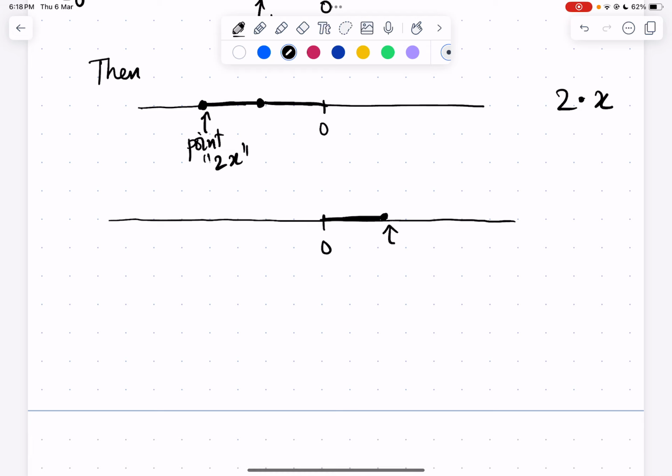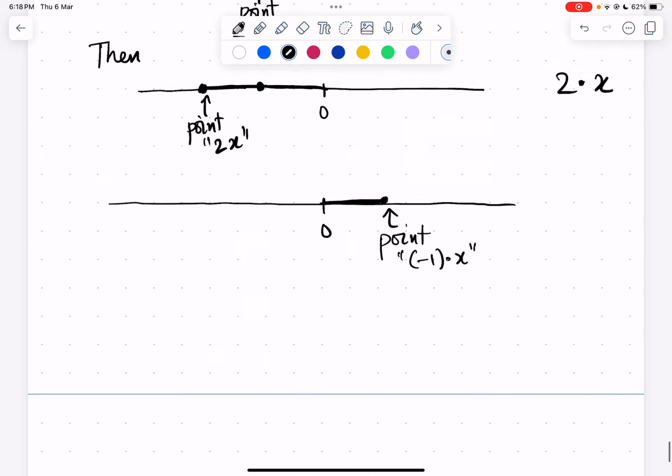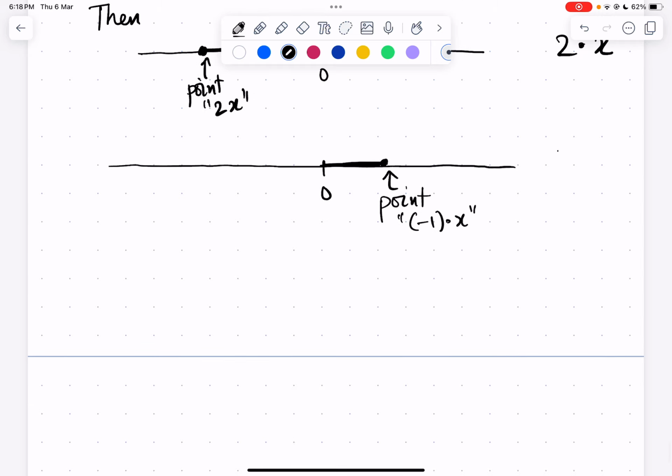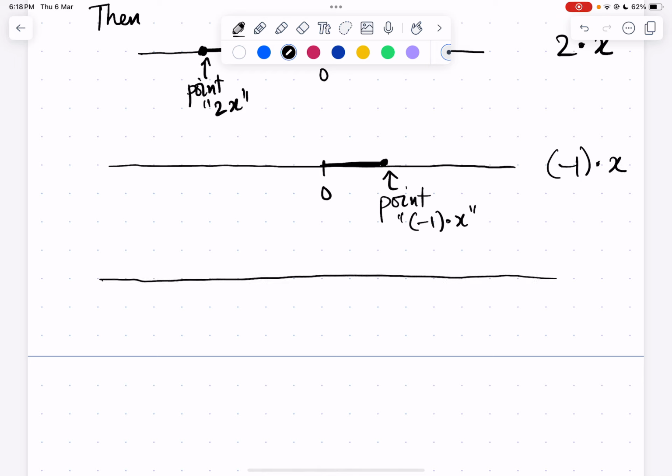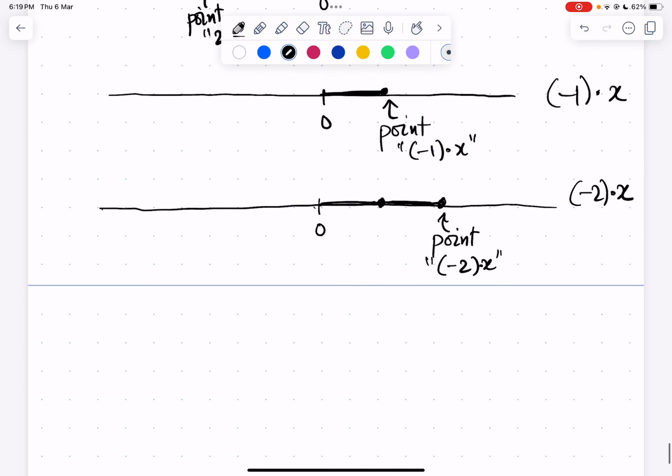This will be minus 1 times x. This would be point minus 2 times x, and so on.